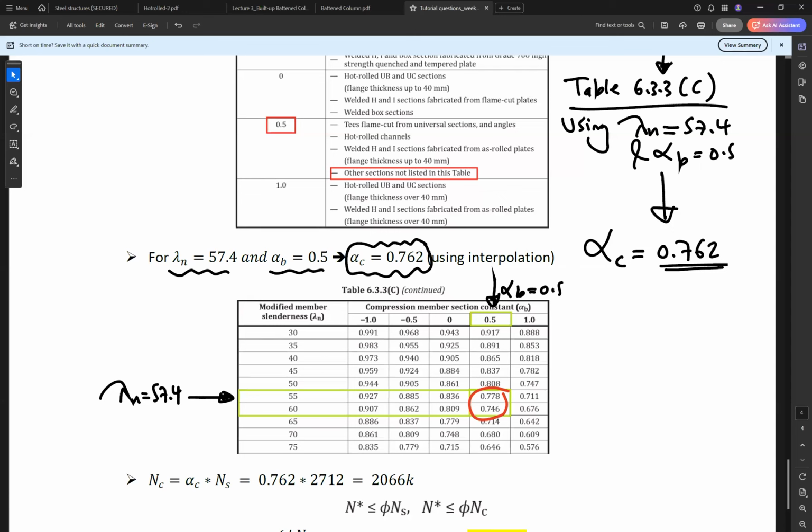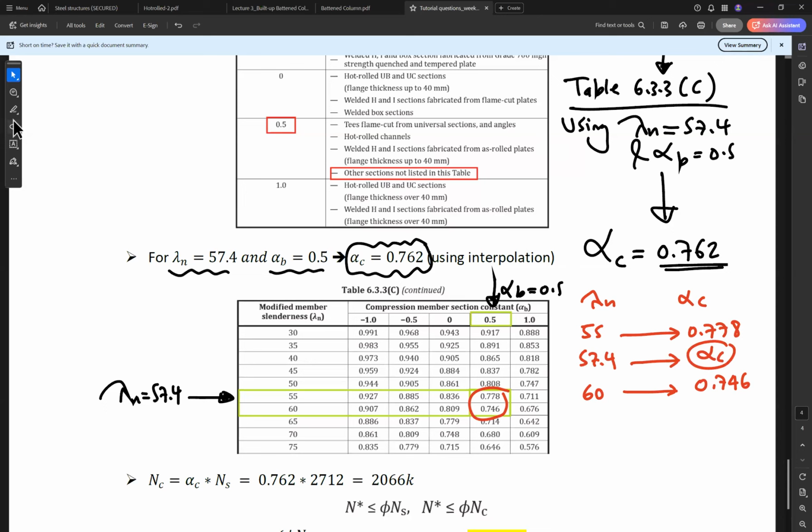If we have lambda n equal to 55, this gives us 0.778 for alpha c. And if we have 60, this gives us 0.746. So if we have 57.4, we need our alpha c value.